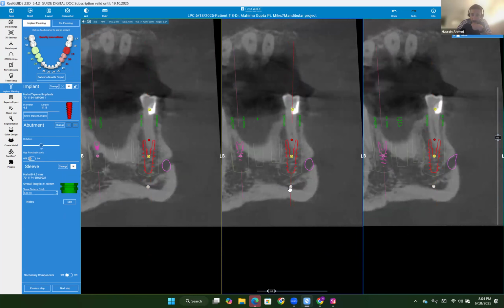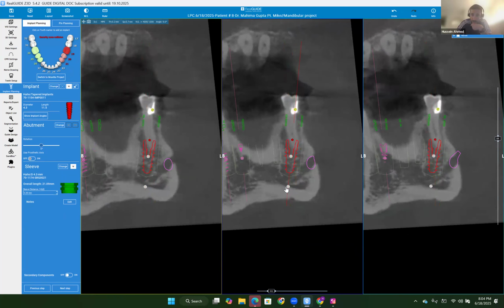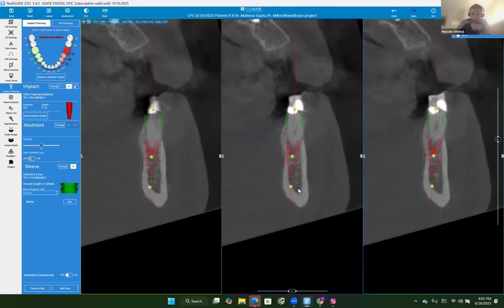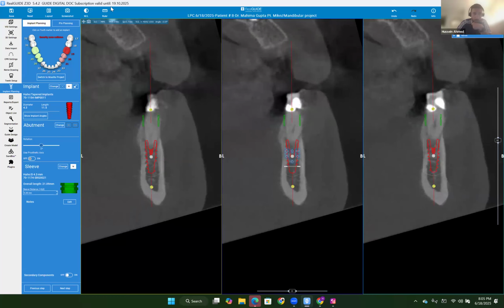I might be a little bit too close to where the mental foramen is, so I'm tilting it just a tad. I could use a 17 degree MUA to correct that. With that position, Dr. Resnik, if we're using a straight or an angled MUA, we're going to have approximately 17 millimeters of restorative space off of that implant, sir. So we'll be fine there.